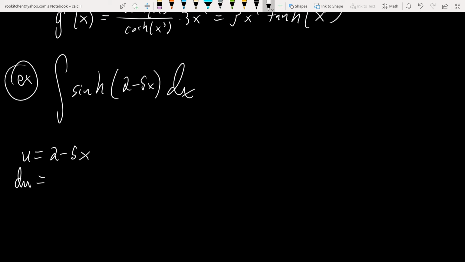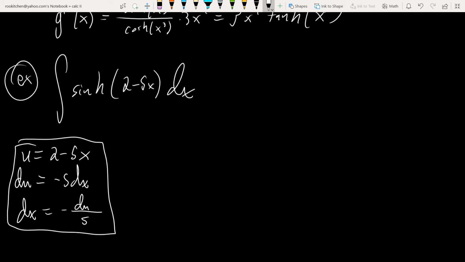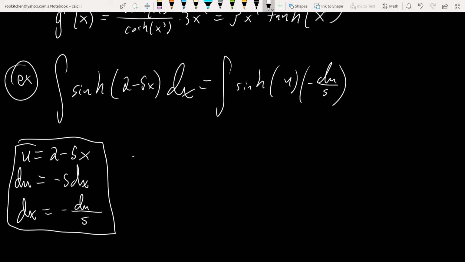So the derivative of 2 is 0. The derivative of -5x is -5 dx. And then solve for dx: negative du over 5. And so we have sinh of u times negative du over 5. Factor out the negative 1/5. And then you have the integral of sinh of u du, and that's elementary.